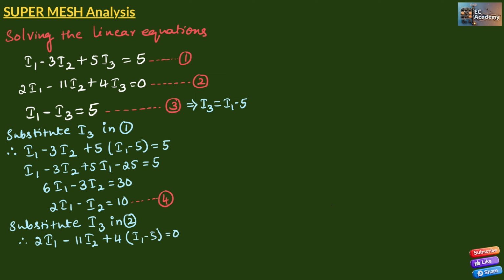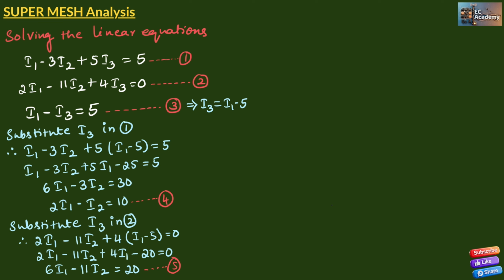So we can write this as 2I1 minus 11I2 plus 4I1 minus 20 is equal to 0. If we simplify the equation, we'll get 6I1 minus 11I2 equal to 20. Let us call this equation number 5.